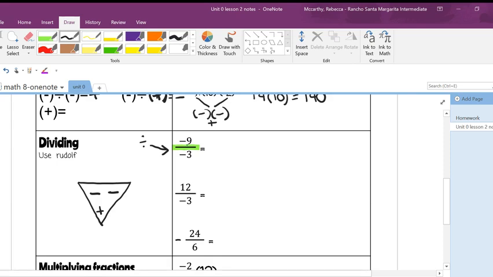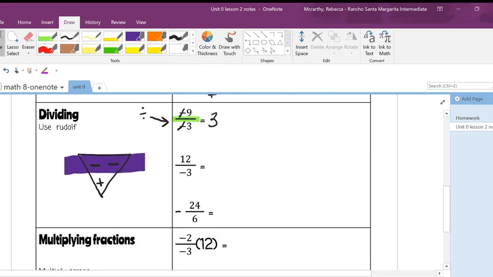I want to think of this as a negative 9 divided by a negative 3. So I'm going to again focus on my two signs. I have a negative divided by a negative, so I could cover up Rudy's eyes, and I have a positive. Another way to think of it is, I know the negatives cancel each other out, so I know it's going to be a positive. And 9 divided by 3 is 3.